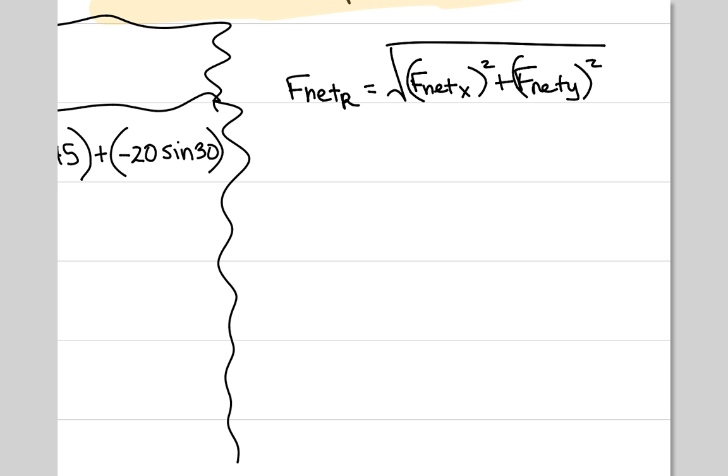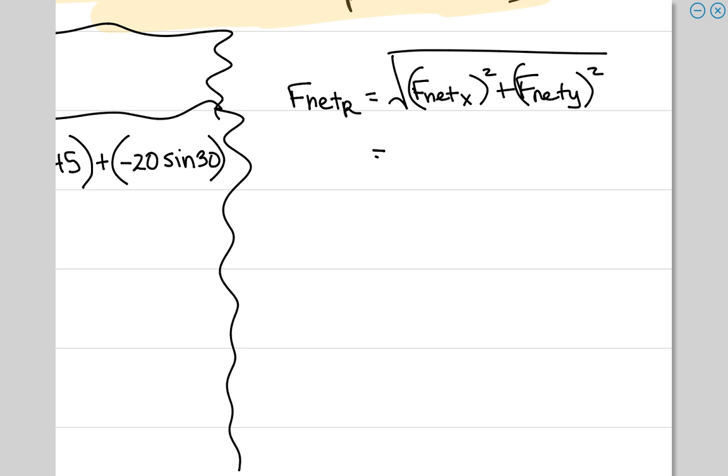And of course, I'm not going to be using those rounded numbers, especially if you have the TI-84, where you can copy and paste. That way you ensure you have the most accuracy possible. So when I did this, I got 34 newtons.